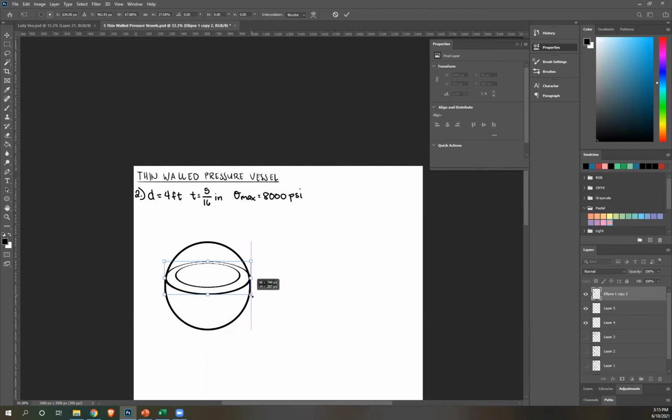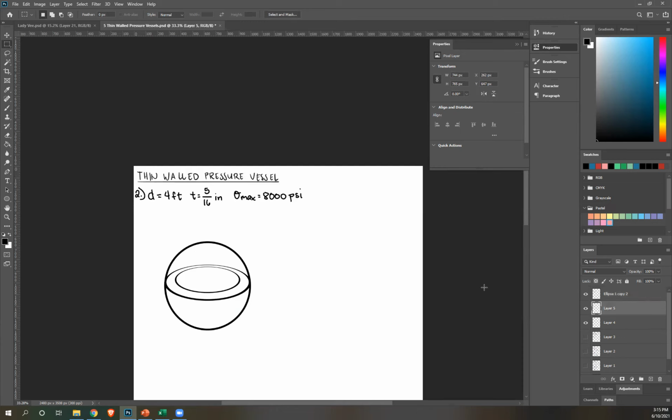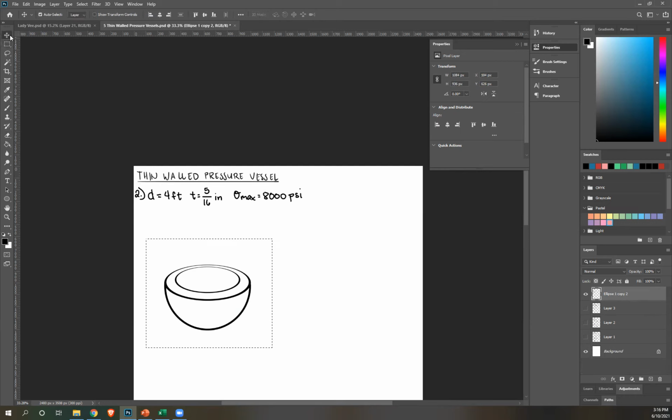So that you have an idea for a spherical tank, so we have this spherical tank. What's going to happen here?